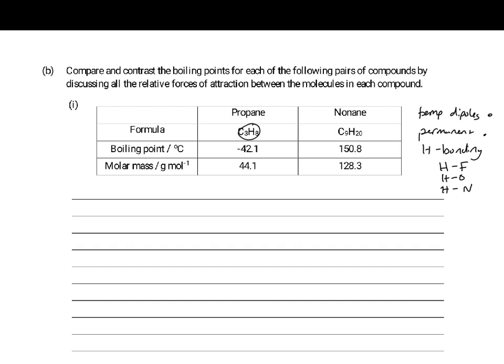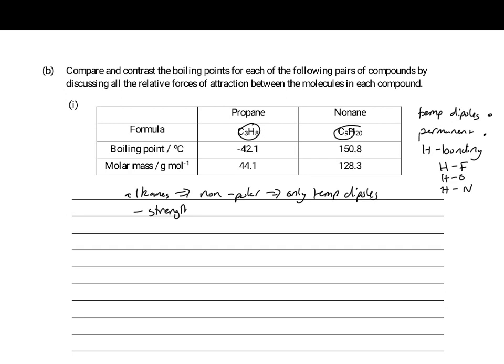So in this particular case, we're given propane and nonane. You need to recognise that these are both alkanes, and because they're alkanes, they're non-polar. And because they're non-polar, they only contain temporary dipoles. Now, the strength of temporary dipoles depends on two things.